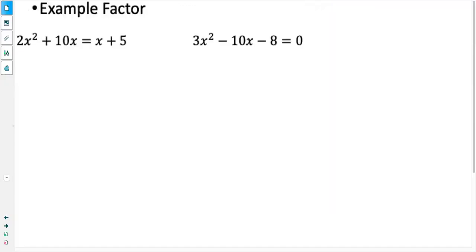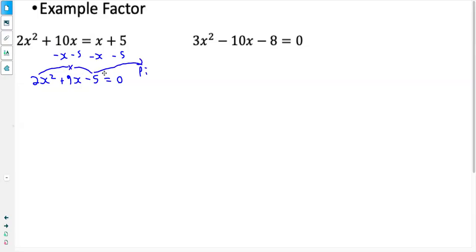So for example, factor: we've got 2x squared plus 10x equals x plus 5. So once again, first thing, move everything to one side. That gives us 2x squared plus 9x minus 5 equals 0. Now in this case, our product is this times this.